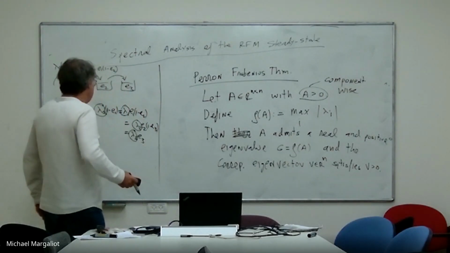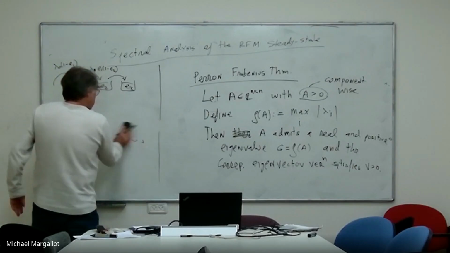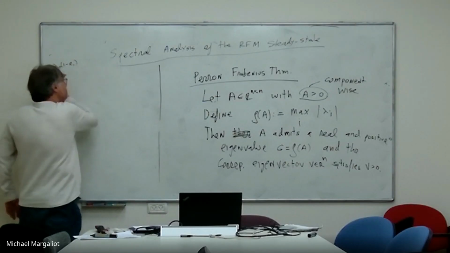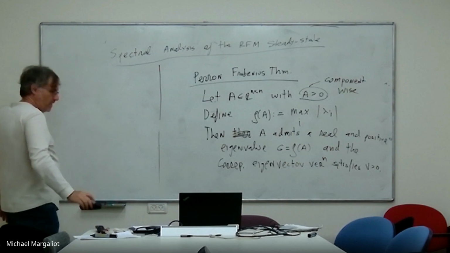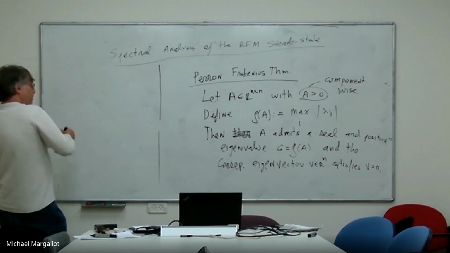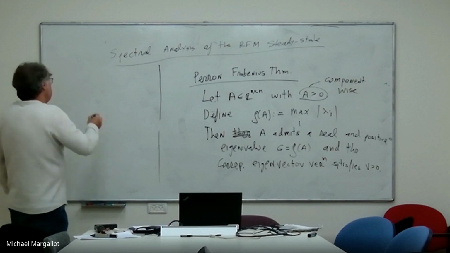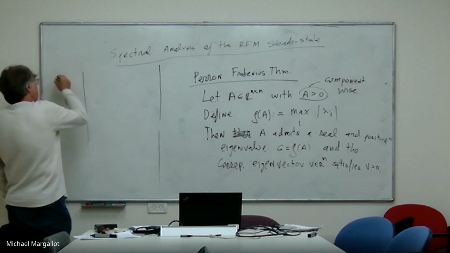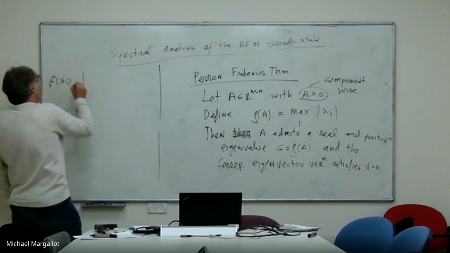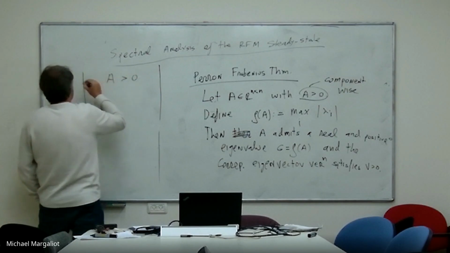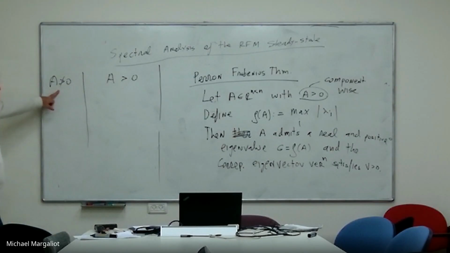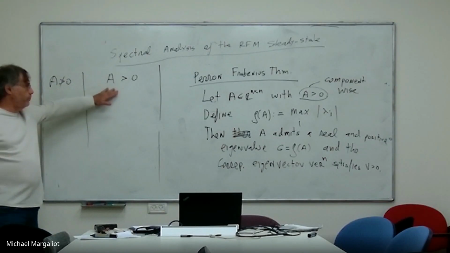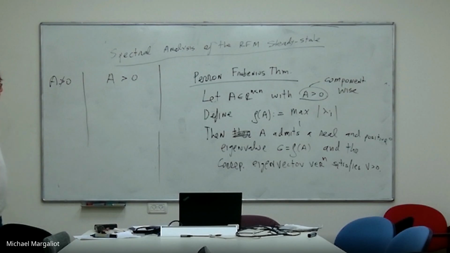So let me try to explain what this means. I will erase these equations even though I need them later on. First of all, let's take an example. Let's take an example where A is not positive, and an example where A is positive. So here, the theorem will not hold, and here we expect the theorem to hold.